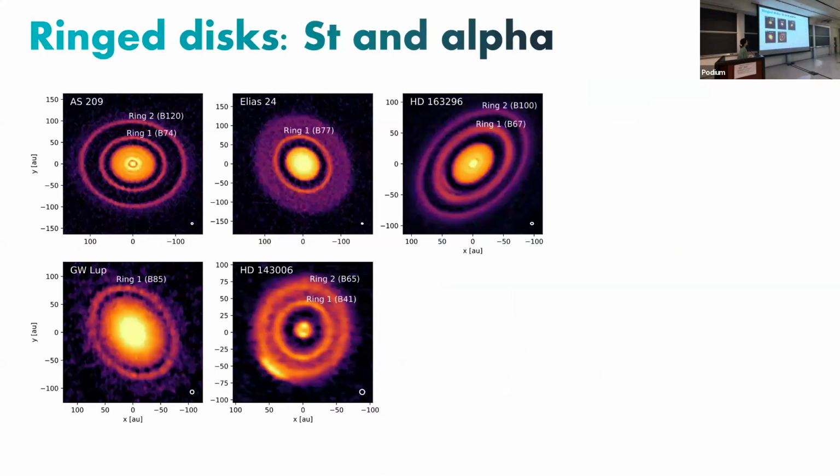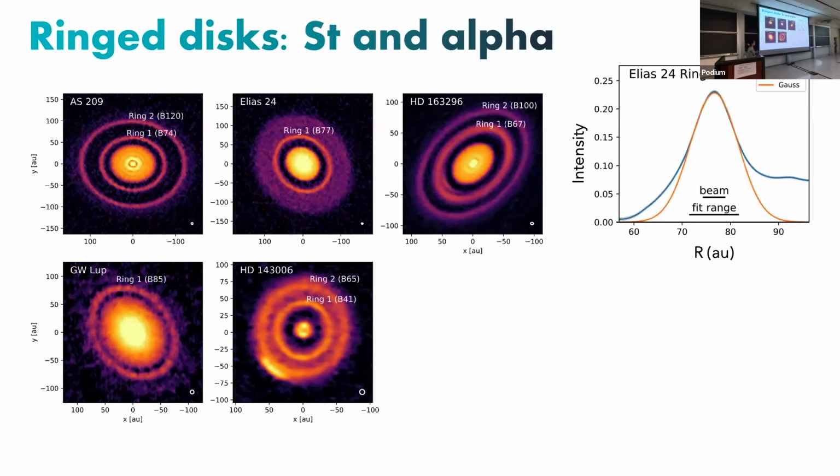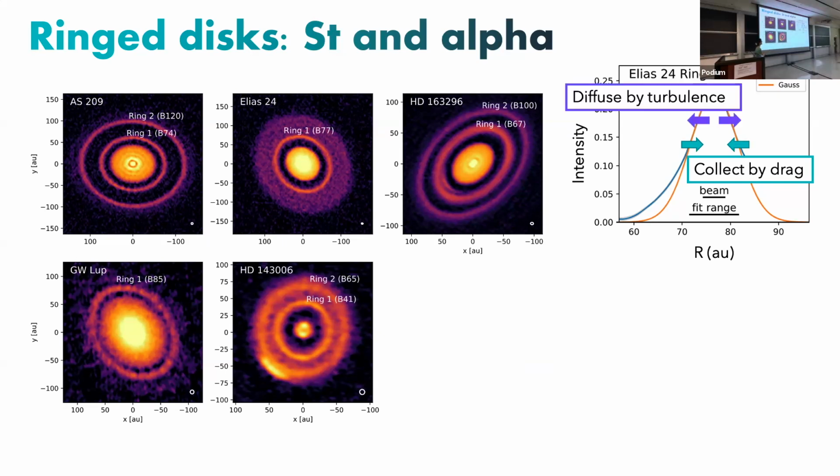So here's one way to figure out the Stokes number and alpha, and that is to go back to these ringed disks. The fact that you see these rings, which you can also see in this radial intensity profile, over a million-year timescale, the ages of the systems, tells us that it has likely reached some steady-state balance between the aerodynamic drag that's collecting the dust grains at the center of this gas pressure bump versus the diffusive turbulence that's trying to erase this concentration.